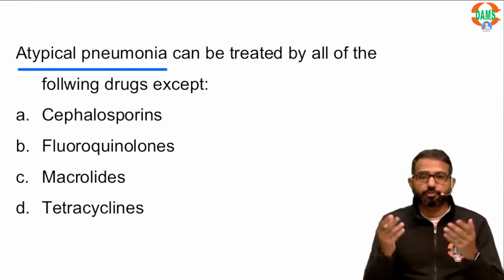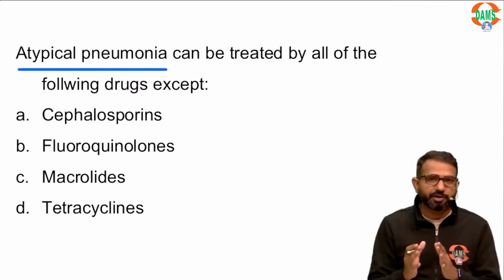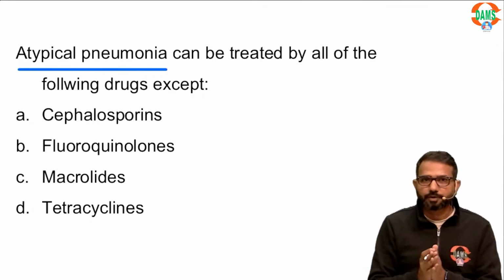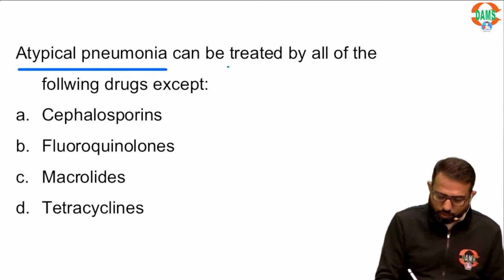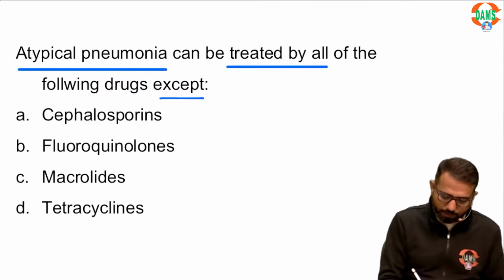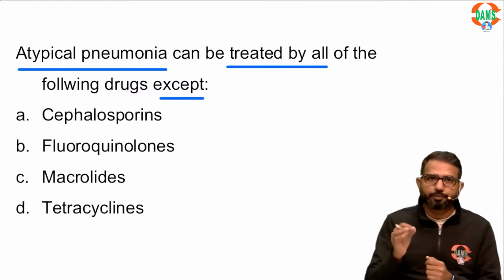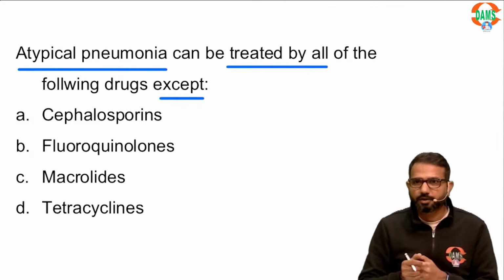So Legionnaire's pneumonia, chlamydia pneumonia, mycoplasma, all these cause atypical pneumonia, but mycoplasma is most common. It can be treated by all of the following drugs except. Again we need to find the correct answer. The options are cephalosporins, fluoroquinolones, tetracycline.